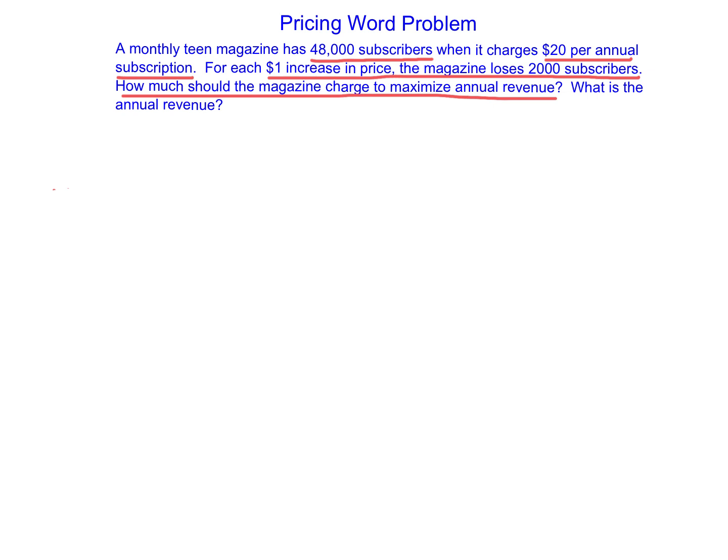So before we even start to write an equation for this situation, let's talk about how revenue is calculated. Revenue is calculated by taking the price of a subscription and multiplying it by the number of subscribers.